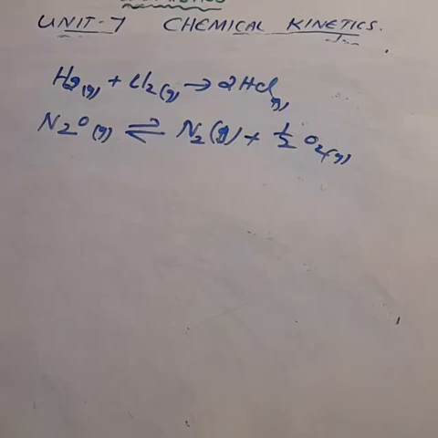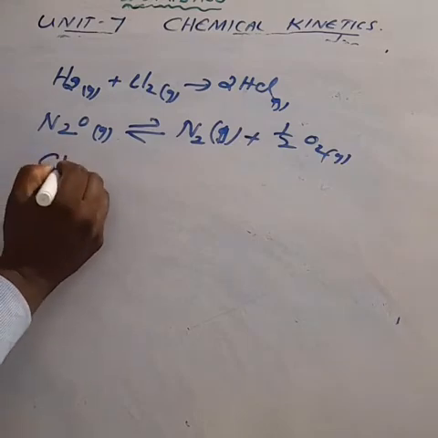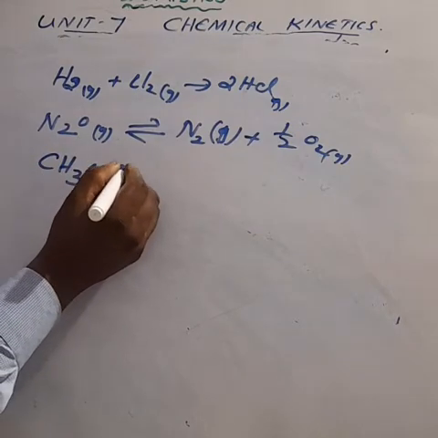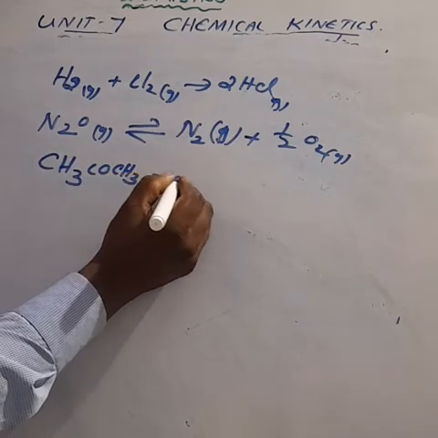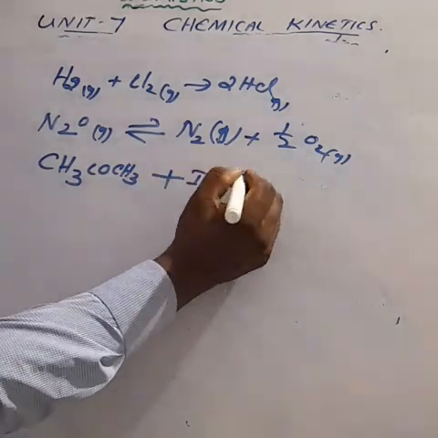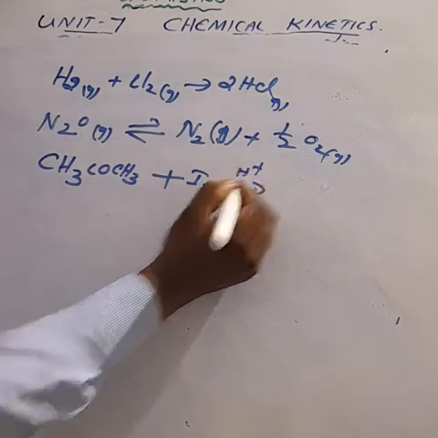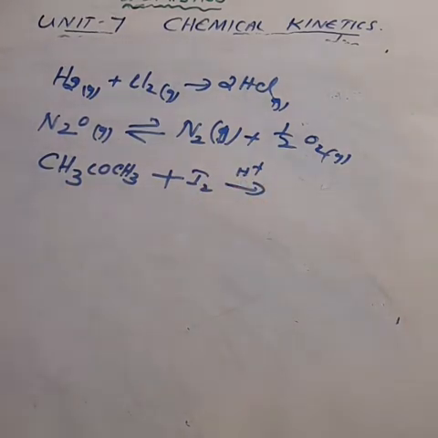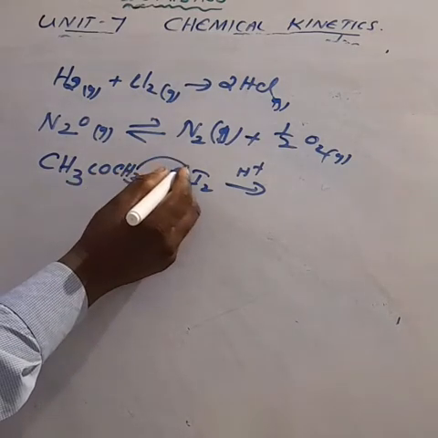Next one, third example, iodination of acetone in acidic medium. Is it zero order with respect to iodine? One of the equations is about acetone, CH3COCH3. This one reacts with iodine in the presence of H plus ions.